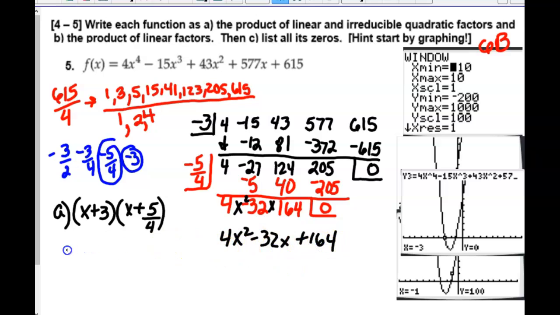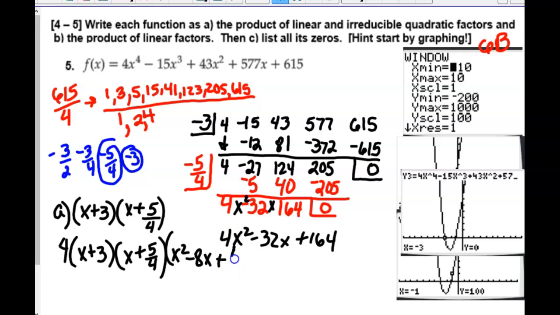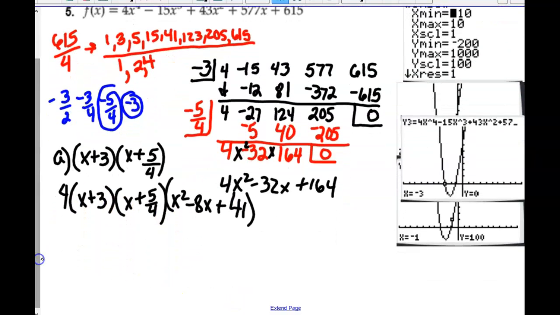We can take a 4 out. I'm moving it out in front of everything here. If we take a 4 out of all that, we have an x squared minus 8x plus 41, I think, yes? Did anyone get that? Yeah. Okay. So this would be okay.